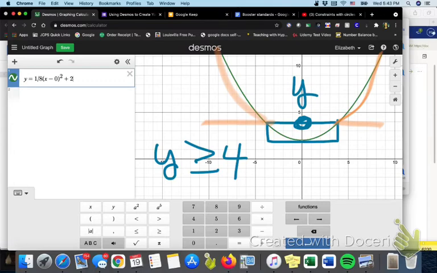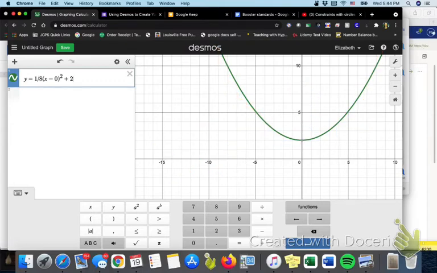And remember, the way that we do that is I'm going to put my little curly braces next to the equation. I've got my keyboard down here, so I'm going to hit that. Oh, no, that would be a less than. Oops, I don't want to hit that. I'm going to hit greater than or equal to, because I want my y to be greater than or equal to 4.